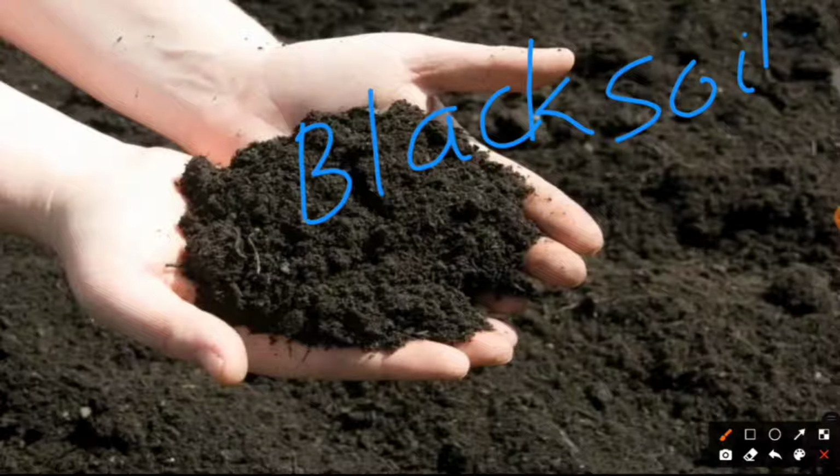These soils are sticky when wet and difficult to work on unless tilled immediately after the first shower or during the pre-monsoon period. So this black soil is sticky when wet and shrinks when dried.